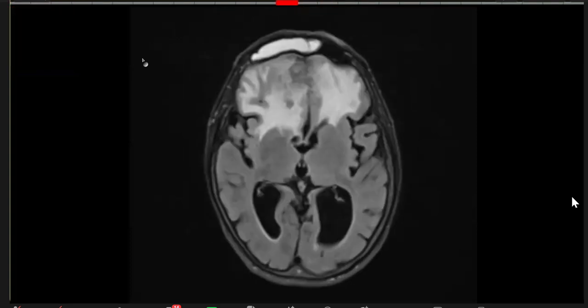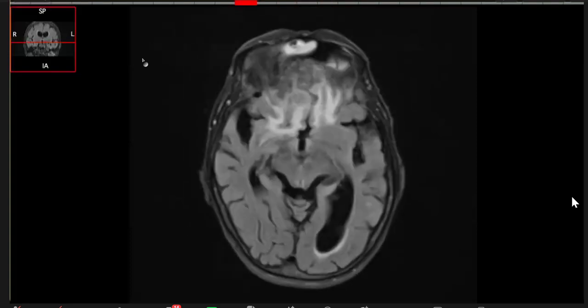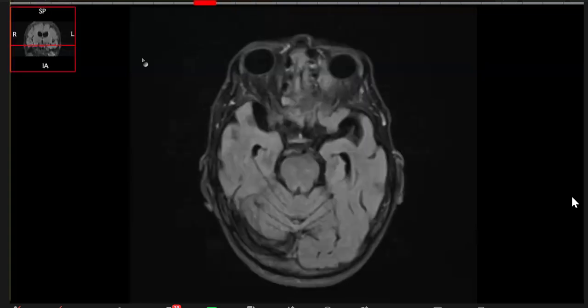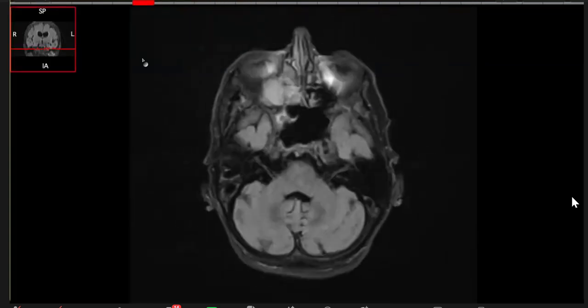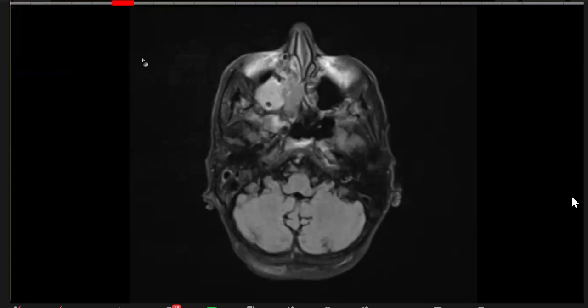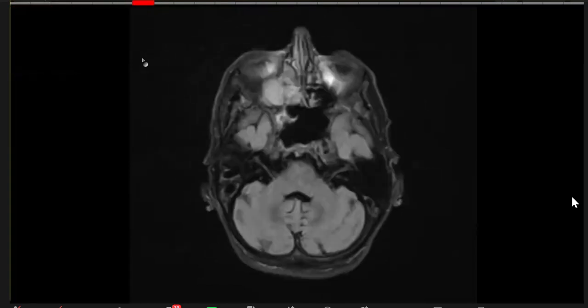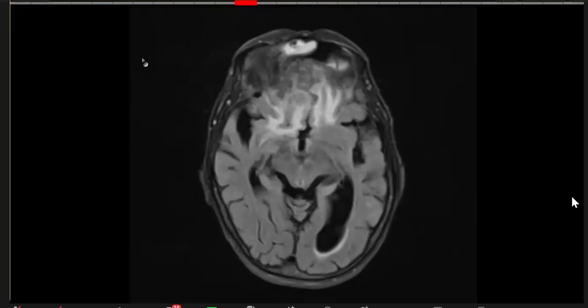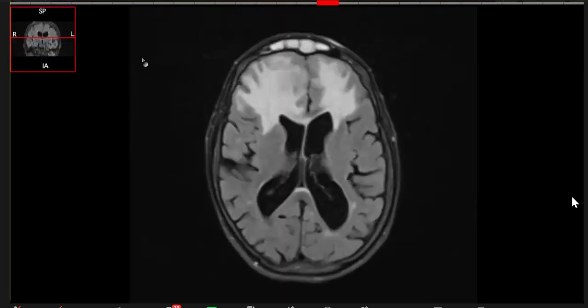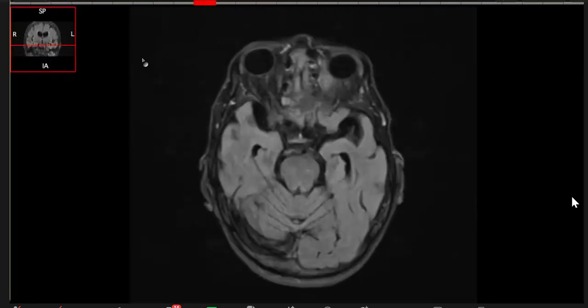There is marked vasogenic edema in both frontal lobes, and I think there is erosion of the cribriform plate on the right side, and this mass is extending into the anterior cranial cavity, which is causing this edema. The rest of the brain shows atrophic changes and small lacunar infarcts on both sides.